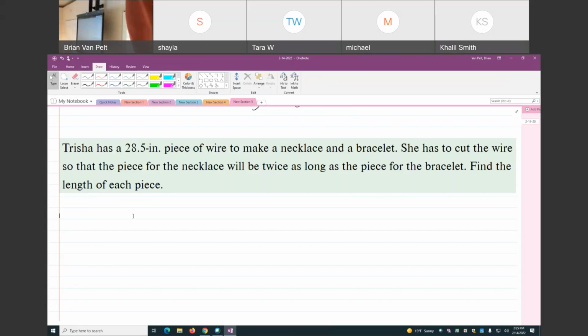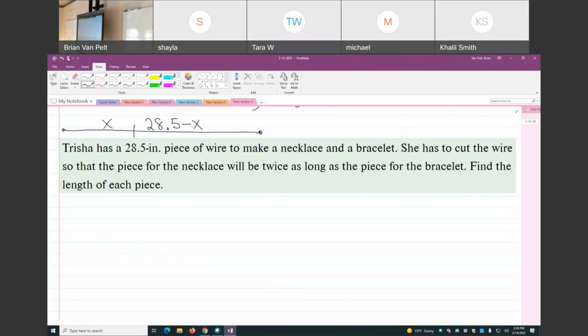First of all, Tricia has a 28.5-inch piece of wire, so we immediately know to put that in 2 pieces. One of them is X, the other one is 28.5 minus X. So notice in these problems, I didn't have to introduce a new letter for any of these things. I already have 2 quantities represented by the same letter.